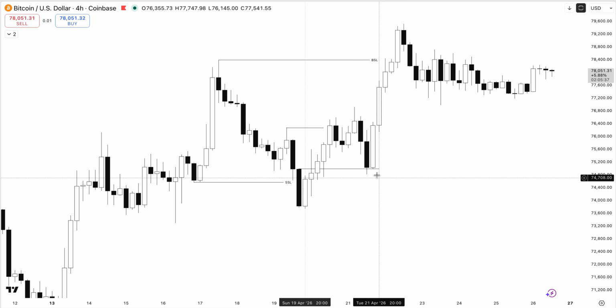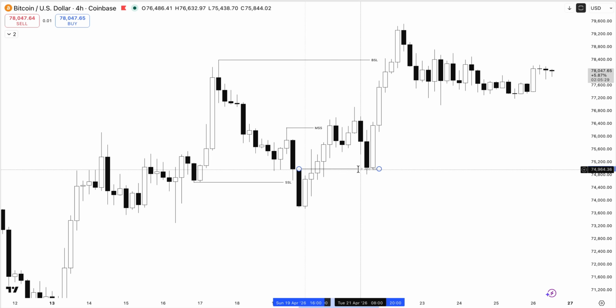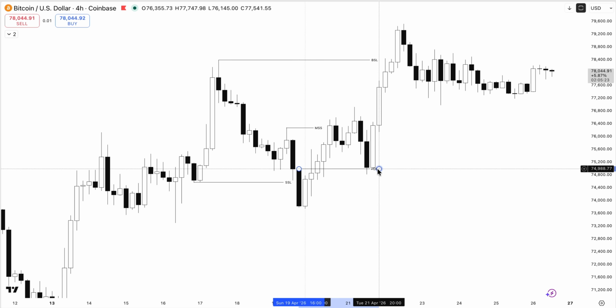So you see from here, price moves to the upside. Here you have your market structure shift, and here you have your bullish order block. So this is how your CRT happens to be the market maker model.